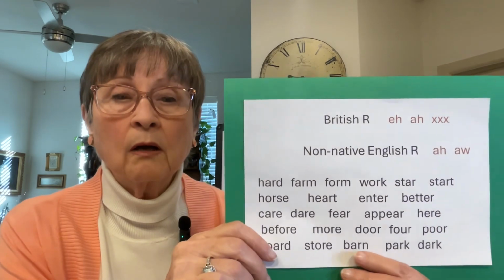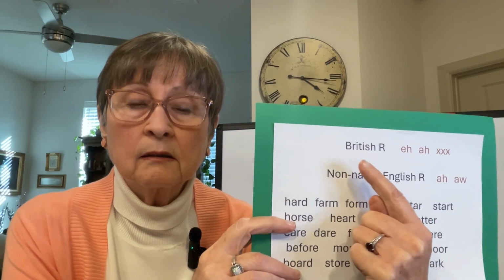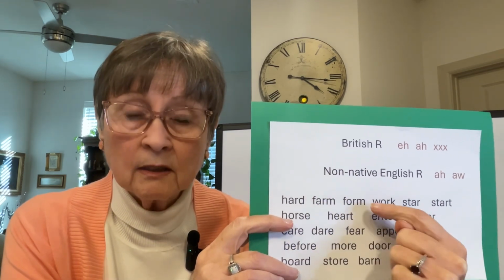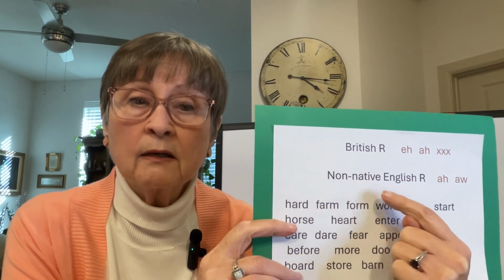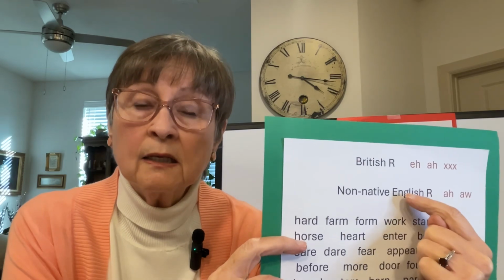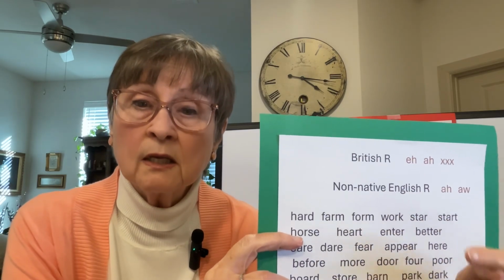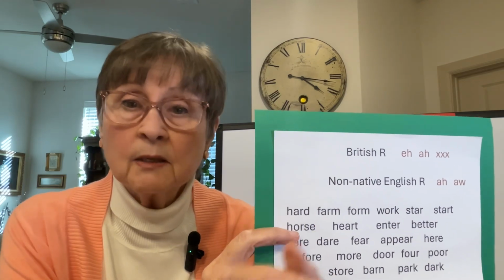Here are some words that compare the way we say the R in American English versus whether you're in England using the British R or the non-native English speaking R. Now this applies to the ending R when it's close to the end of a word, not so much at the beginning of a word. We get it all the same at the beginning of a word.